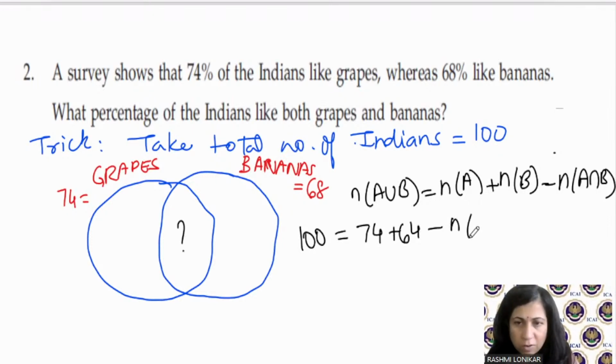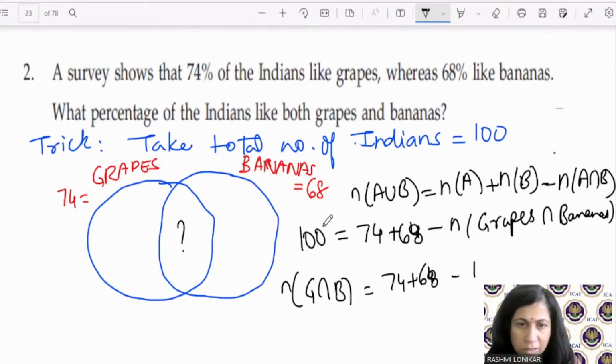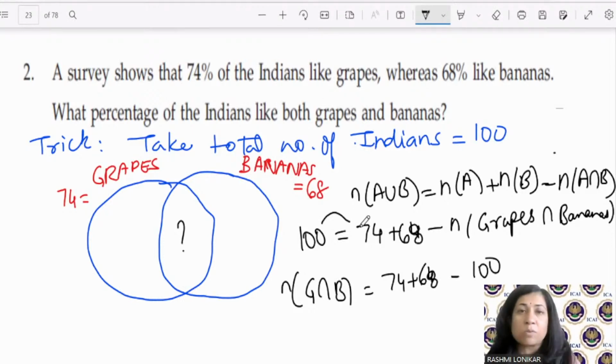So N of grapes intersection bananas. Okay, I take this to this side. N of grapes intersection bananas is equal to 74 plus 68, minus 100. Okay, this 100 I take to this side, it becomes minus 100.